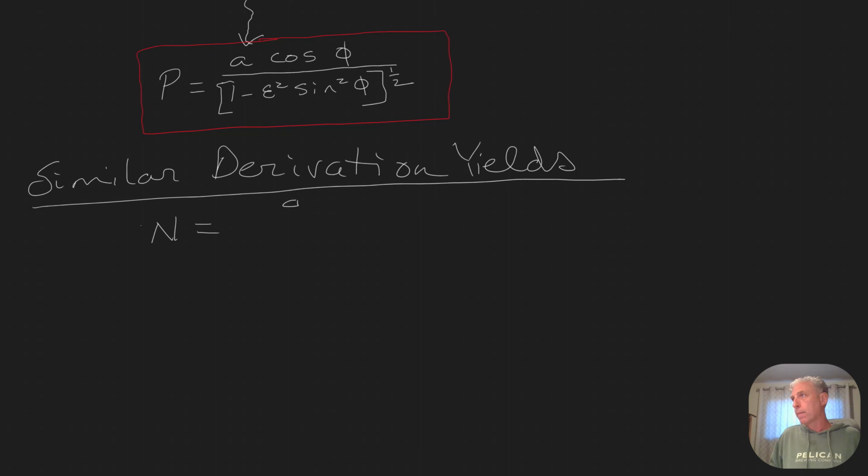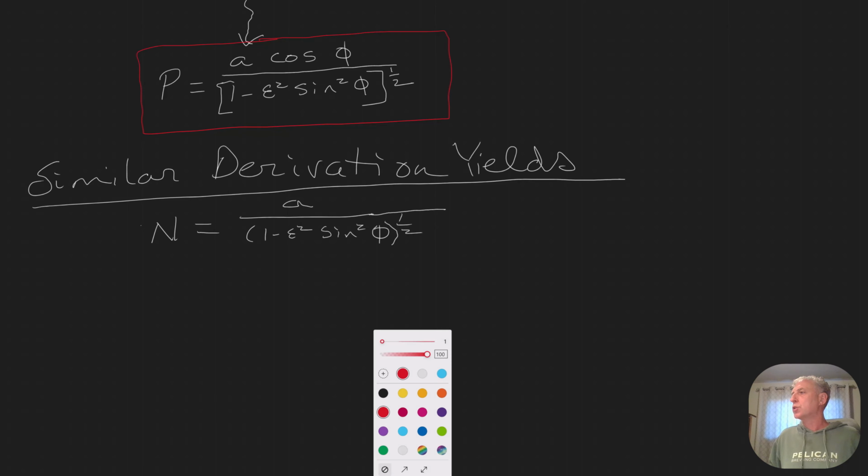a over 1 minus epsilon squared sine squared phi, to the 1/2. And something there should look very familiar. Look at our p-value. Let me just circle a part of it.